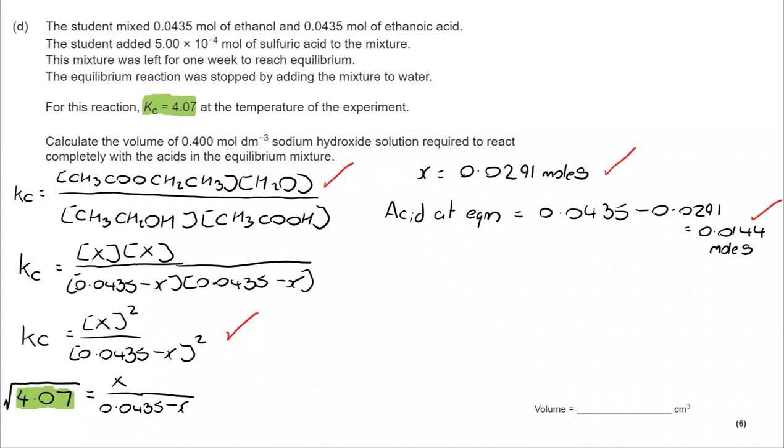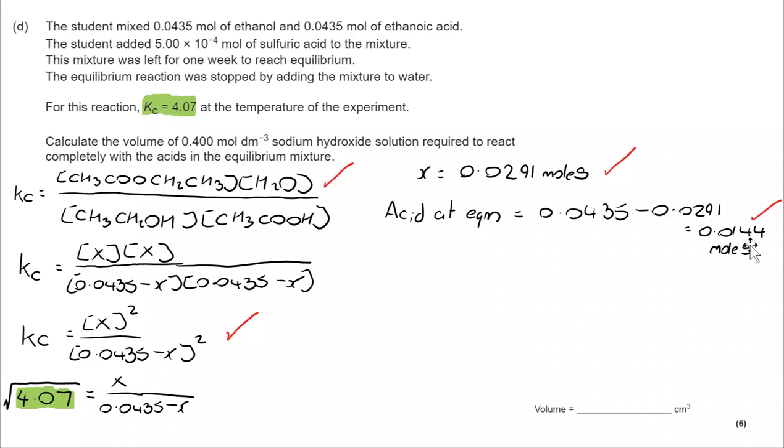Now that also means that I can work out my equilibrium moles of acid. I started with 0.0435. All of this has been building up to you being able to work out that 0.0435 take away that 0.0291 gives you 0.0144 moles of acid. Why is that important? Well, because the final part of this is a titration calculation, essentially.